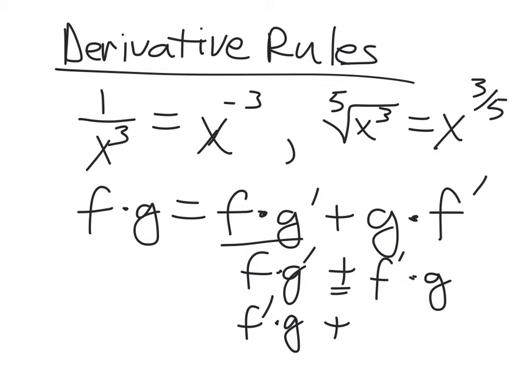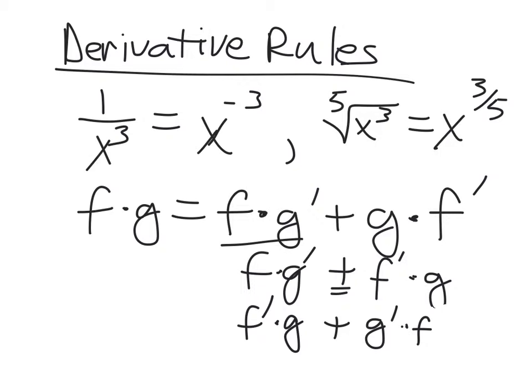So just as long as one term has the derivative of one part times the other, and then vice versa on the second part. Oops. Helps to get the right one. We'd have, what, g prime times f.